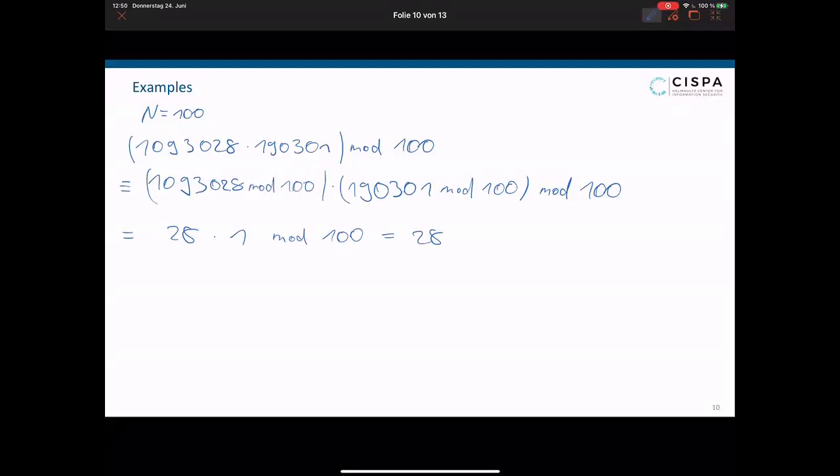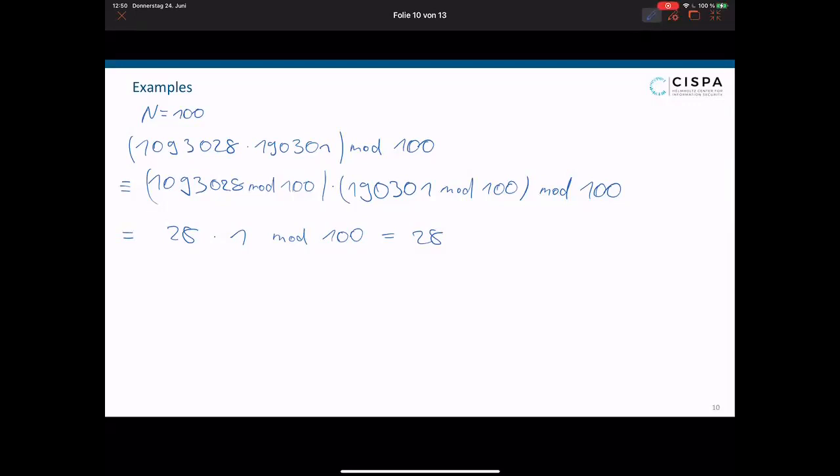Really, when I'm computing modular arithmetic, the way we do it is we first reduce, then do our computation on the reduced values, and then reduce again. That's how we compute on these representatives. But there was a question, can you maybe explain why we need to add the last mod 100 at the end there? You don't need to add it.